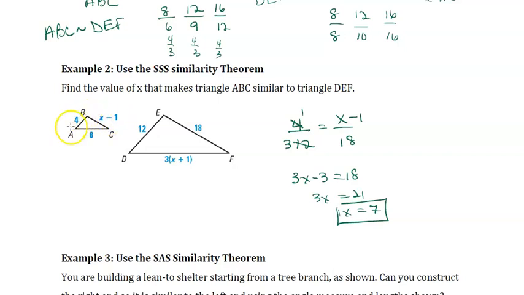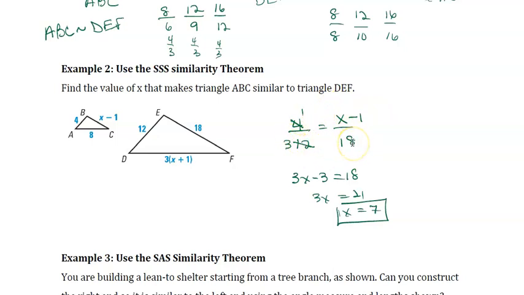But AB over DE, I get that from the first two letters here and the first two letters here. That gives me 4 over 12. That's going to equal BC, which is x minus 1, over EF, which is 18.